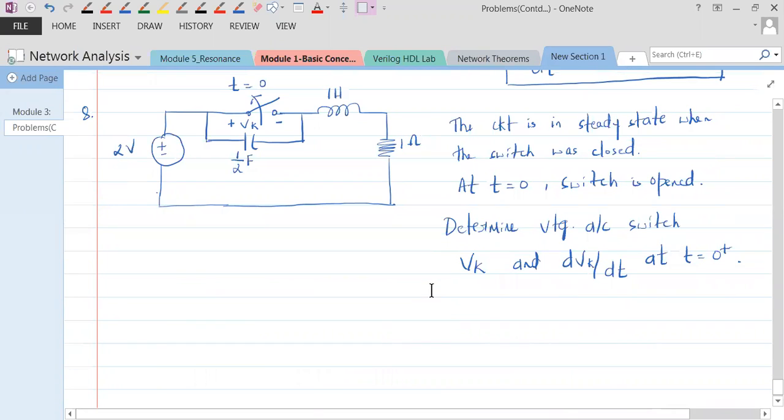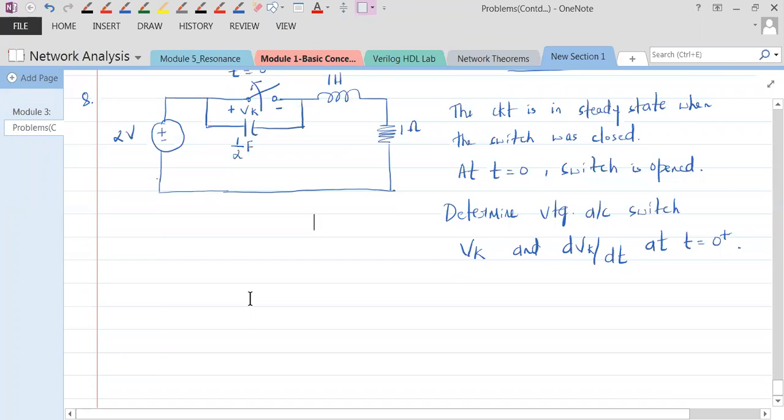Fine. So everybody, we understand how to find VK. We are asked to find VK of 0 plus. So to find VK of 0 plus, I need to find VK of 0 minus. So to find VK of 0 minus, I need to consider the circuit at t equal to 0 minus. And at t equal to 0 minus, the circuit is at steady state. And at steady state, L is short circuit, C is open circuit.